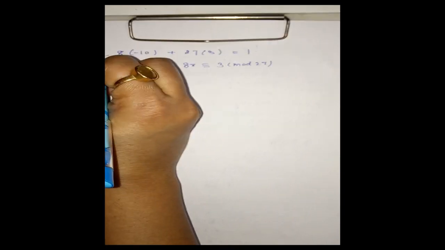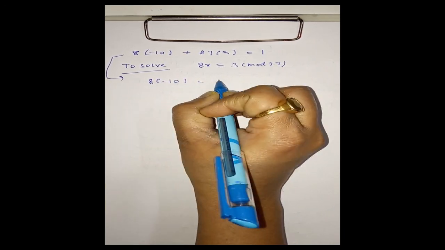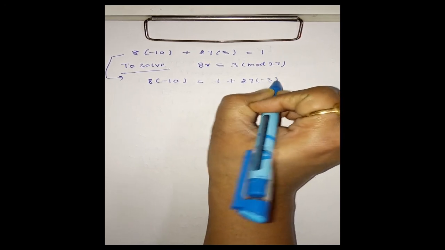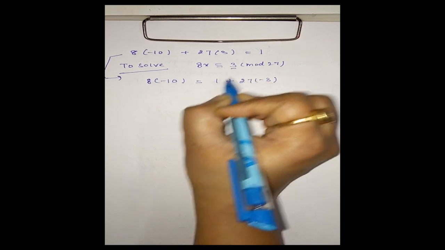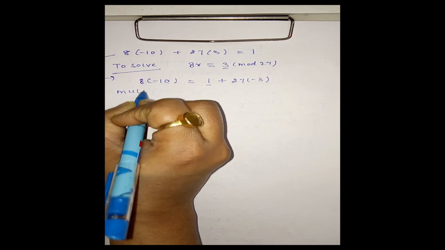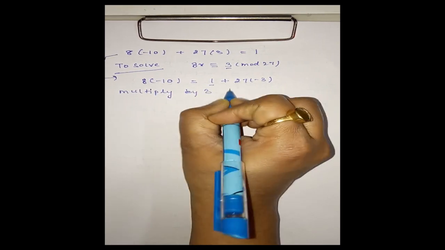Clear? Now, this can be written as 8 into minus 10 is equal to 1 plus 27 into minus 3. We want 3 here but we have 1, so we multiply by 3 on both sides.